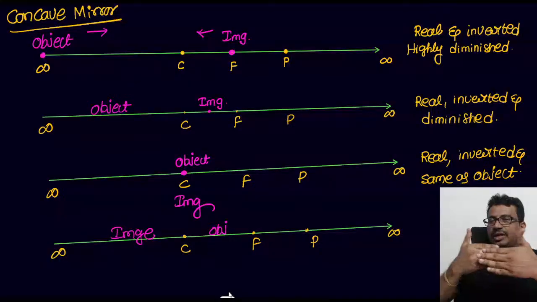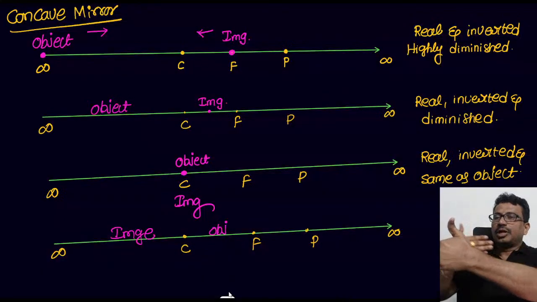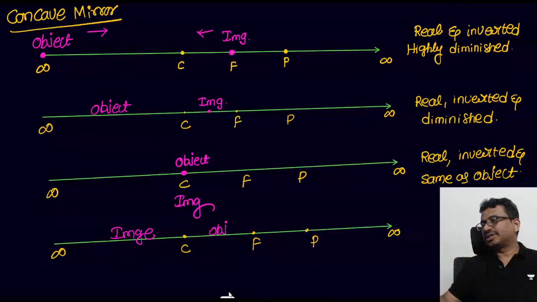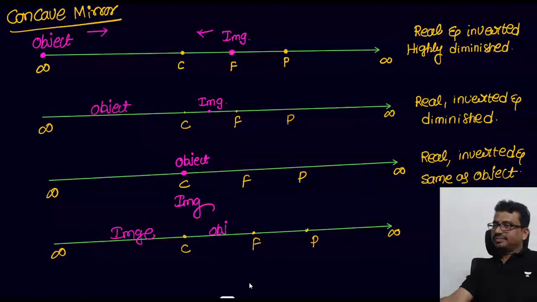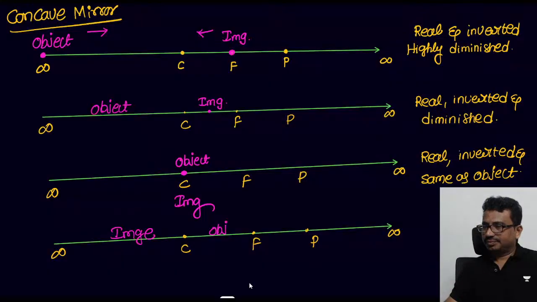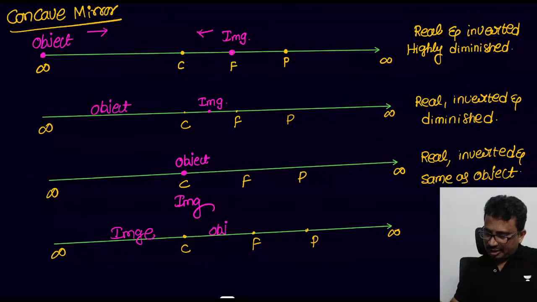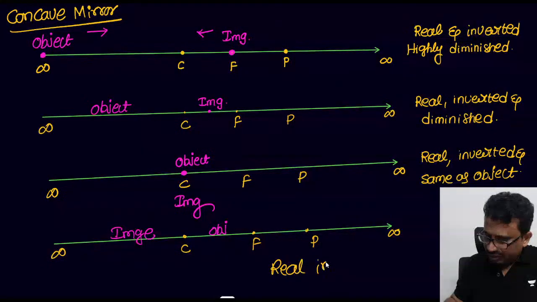At the center they will meet. So the object will move in this direction, the image will move in this direction. Okay. All of you understood this one? And the nature, what happened, you tell me? Since the object is near to the mirror, it will be magnified. So I can say the nature is real, inverted and magnified image.